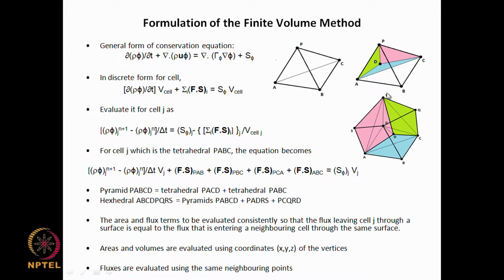In the last lecture, we have seen the formulation of the finite volume method for an irregular shaped domain. The idea was to divide the domain into small elements which may be tetrahedral or pyramidal or hexahedral elements, and integrate the governing equation written in the form of fluxes, where the advection and diffusion terms are brought together as divergence of flux, and we can evaluate this equation, the governing equation, by integrating over a particular cell.